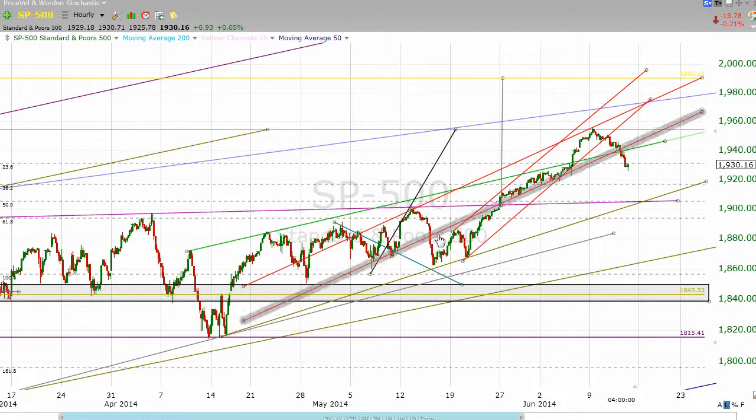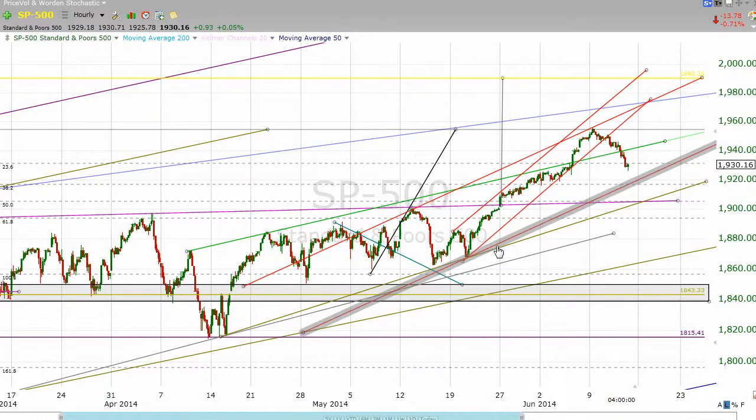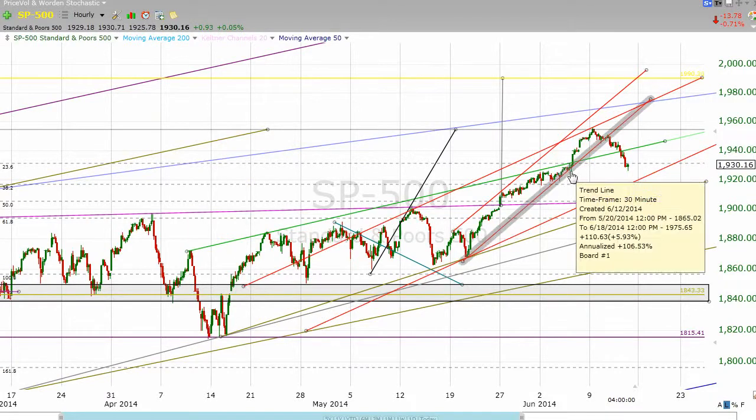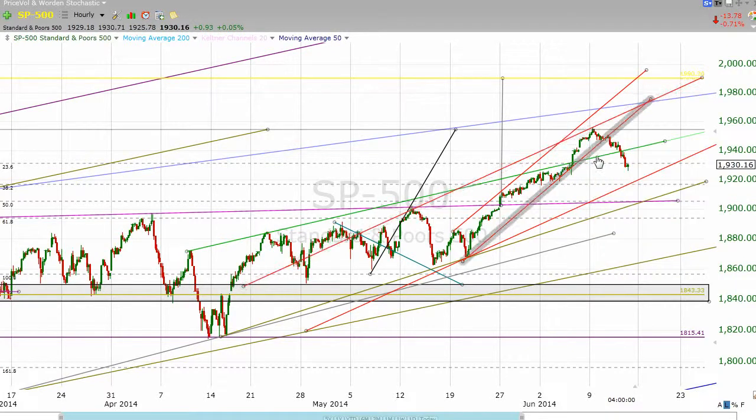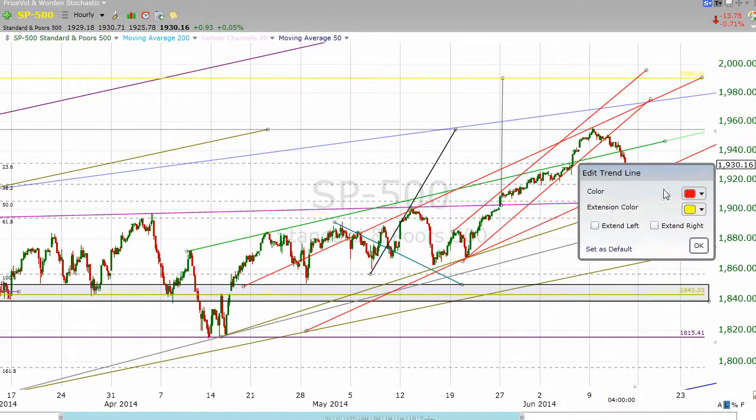I'm going to create a parallel line and slap it right there now. And just again doing the same little exercise that at least caught about 30 points of move in the S&P. I'm going to keep this line here. Going to make them different colors. Let's make them orange.